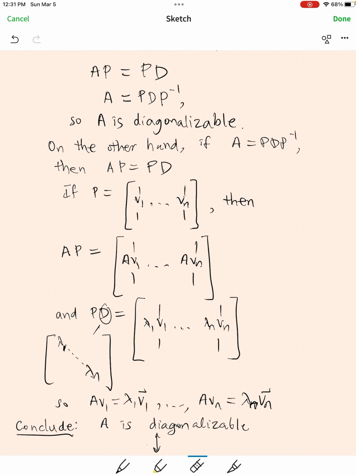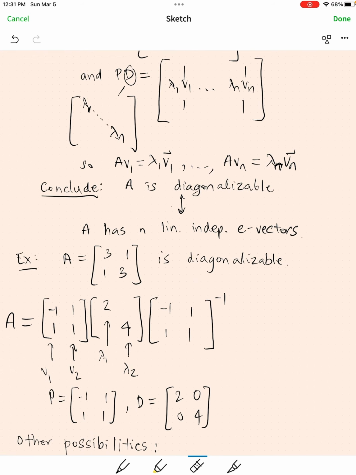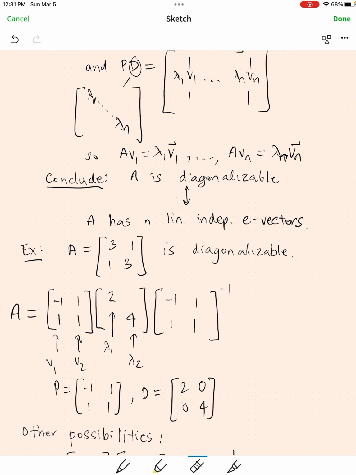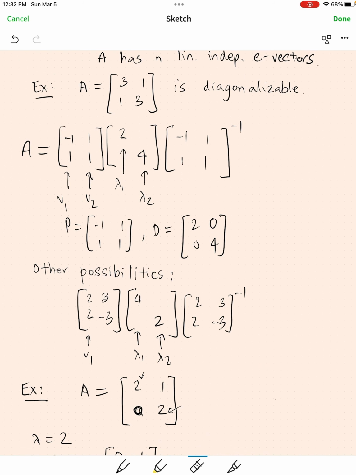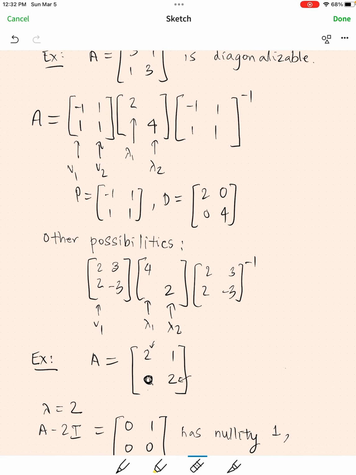And so the diagonalizable matrices are the ones where you have a basis of eigenvectors, a basis of Rn consisting of eigenvectors of A, because those are the vectors that will form the columns of the matrix P. And then we looked at an example, and we saw that there are many different possibilities for P and D, because you can always switch the order that you write the eigenvalues in, as long as you keep the eigenvectors in the corresponding order.